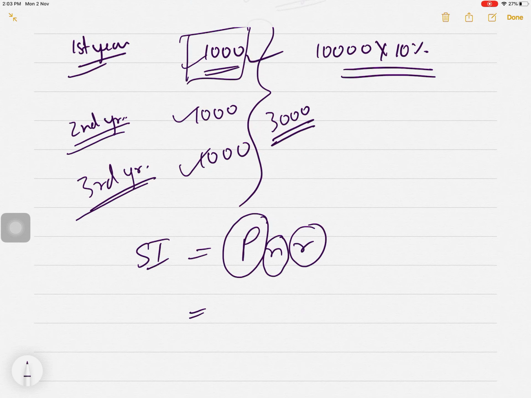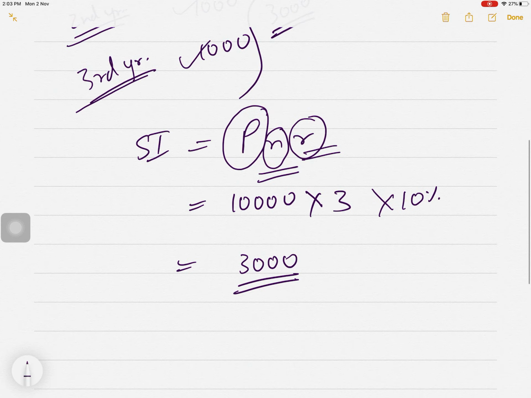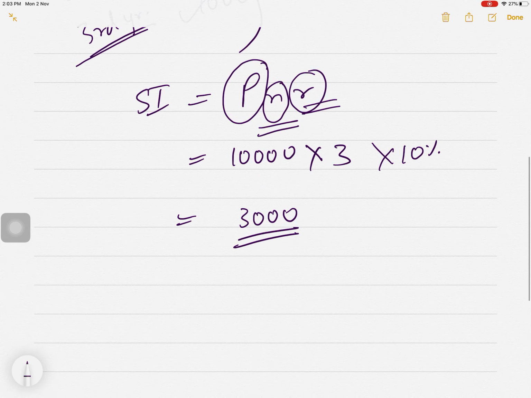Now principal is 10,000, period is 3 years, and rate of interest is 10%, so 10 upon 100. So 10,000 into 3 into 10% comes to 3,000. So my simple interest is 3,000.